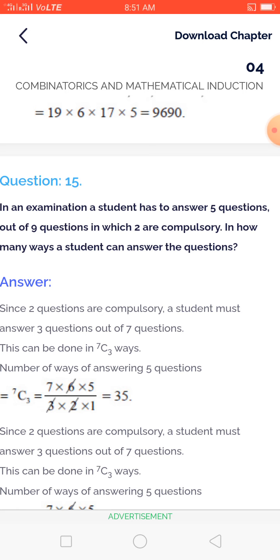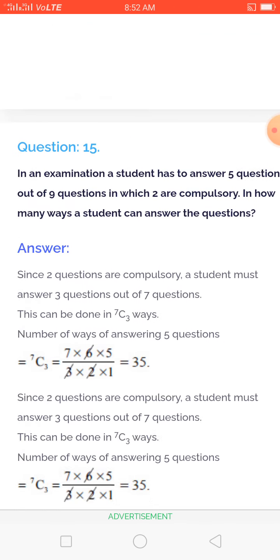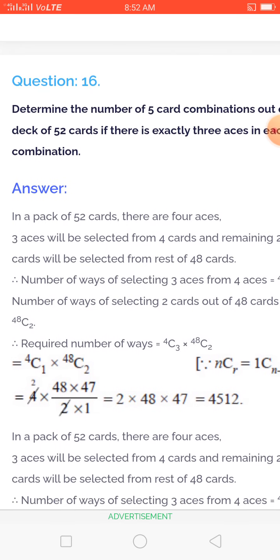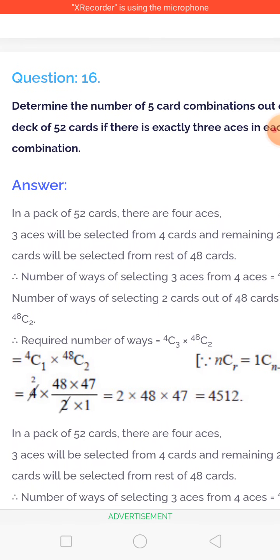In those 7 questions, how many questions do we have to write? 3 questions only, because the 2 compulsory ones we have already written, correct. So from the balance 7 questions, we have to write 3 questions. So 7C3 ways. Yeah, simple one.